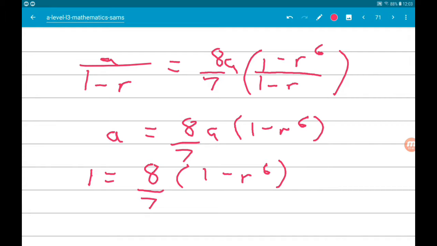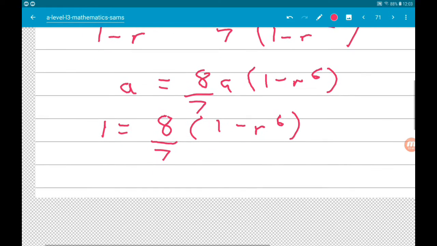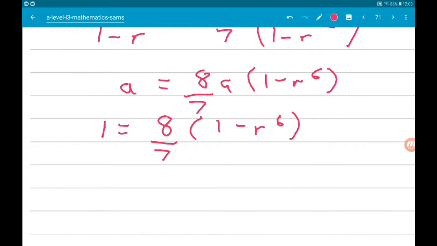Now, if we multiply both sides by 7 and divide by 8, we get 7/8 is equal to 1 minus R to the 6.